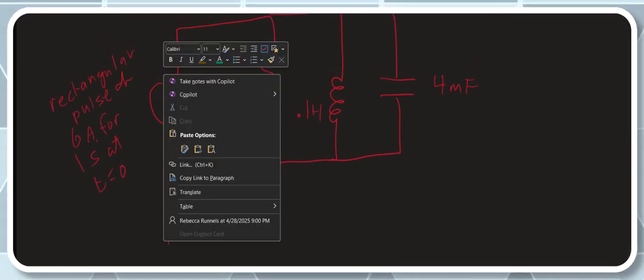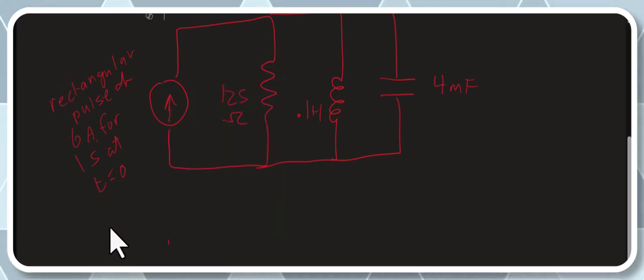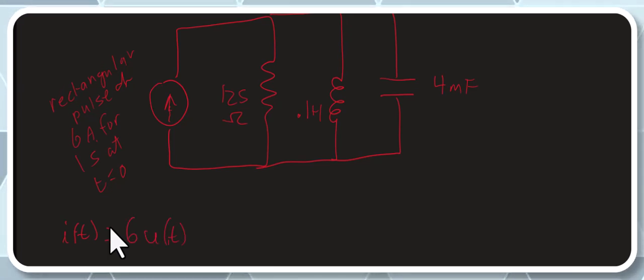So we're going to need to get that as a function. So our current as a function of time is 6 u of t, so the unit step function, it comes on at time t equals 0, but then it goes off at time t equals 1, so minus 6u of t minus 1.